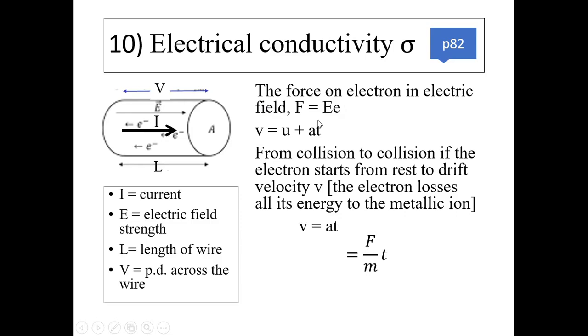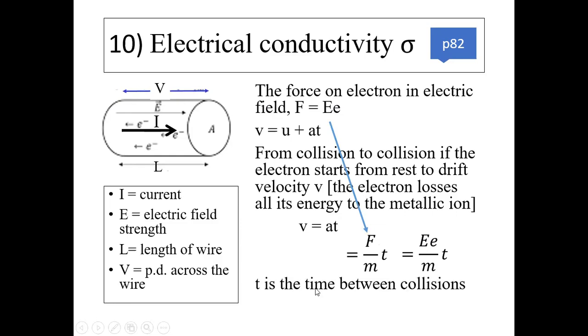Then replace the F with eE, so v equals eE over m times t. t is called the time between collision. It will collide with a positive ion, deflected, accelerated, and then collide with another positive ion, deflected, and then accelerate again. v is the drift velocity.